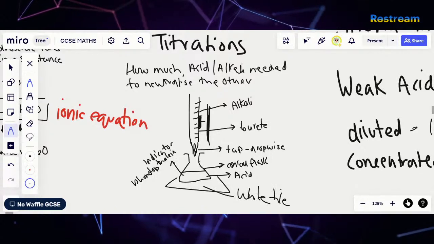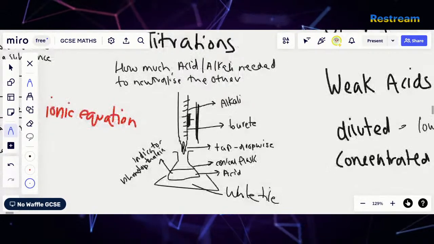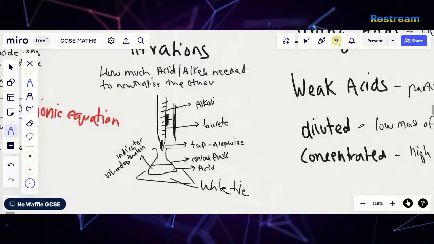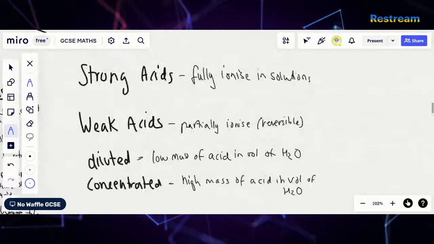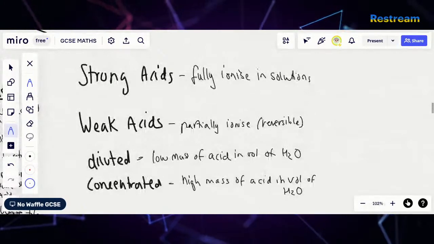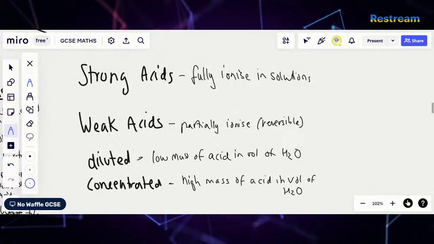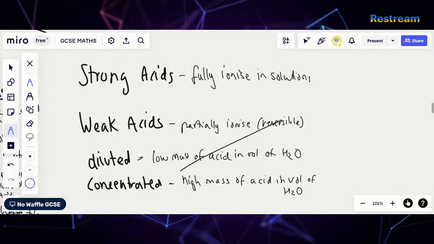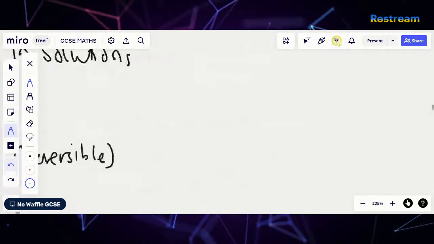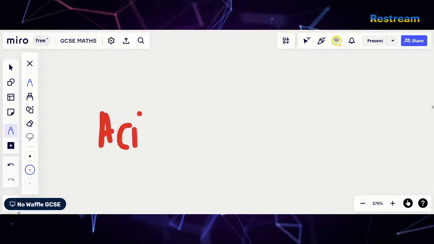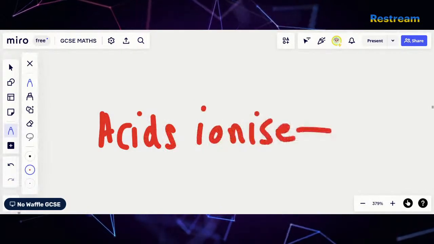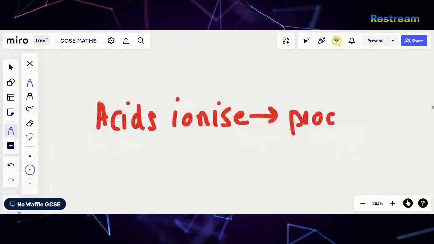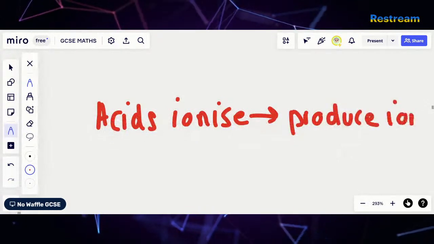And you use indicators. Now we look at strong and weak acids. So strong acids ionize in solutions. Acids ionize in solutions because they produce hydrogen ions, right? So what we mean by ionizes is that acids literally produce ions.